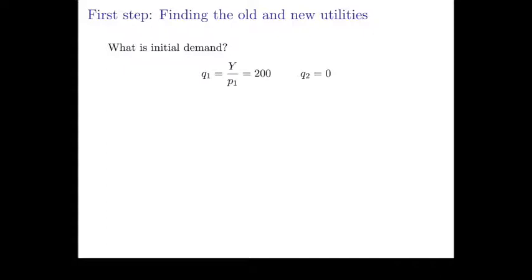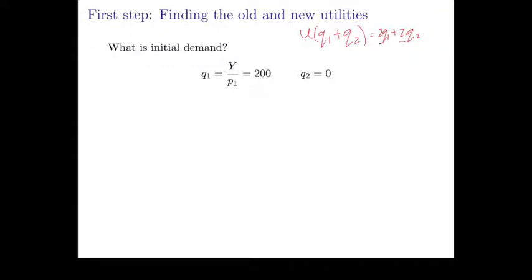Remember, this person has perfect substitutes utility. Their utility is U of Q1, Q2 equals 2Q1 plus 2Q2. So their marginal rate of substitution, or the slope of their indifference curves, which are straight lines, is always going to be -1 because their marginal utilities are 2 from each of the two goods.